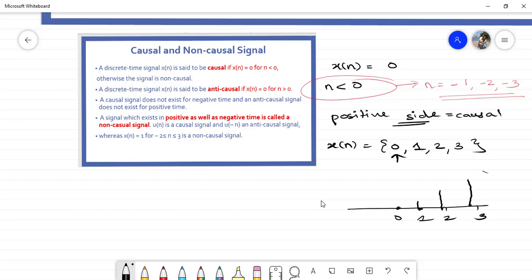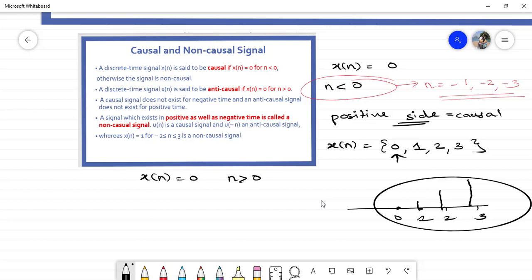Now for anti-causal, the definition says that your x of n should be equal to 0 for all n greater than 0. So all n greater than 0 indicates n will be equal to 1, 2, 3 till infinity. So for the positive side, when the signal is 0, then it is called anti-causal.